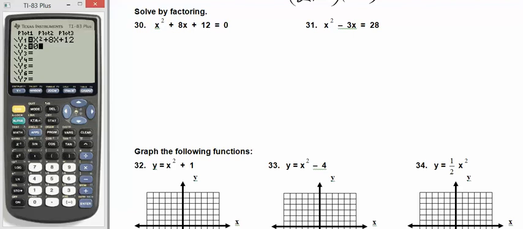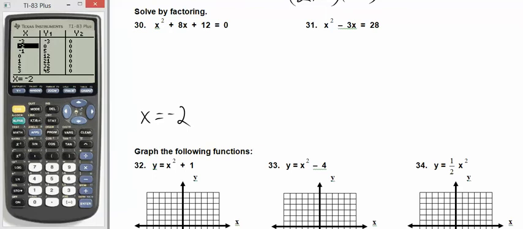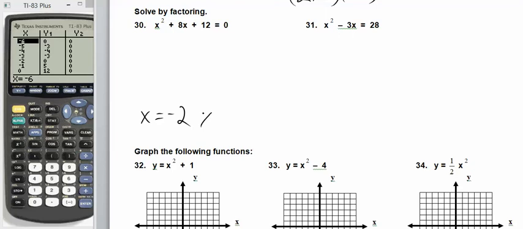And we go into our table and see where they equal 0. If you remember, if you look at our graph, there's going to be two answers. It looks like it's at negative 2, and maybe at negative 6. We'll see. So here at negative 2, so x equals negative 2, and then we think it's at negative 6, and it is. And x equals negative 6.